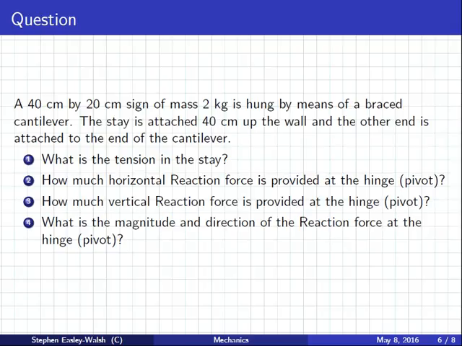The sign is attached 40 centimeters. The wire is called the stay. We don't need the weight of the sign, the mass of the sign. We have it. It's 2 kg. Oh, my bad. One more strike, and then I'm giving you a 5-second rule. What's wrong? That 0.2 is wrong.